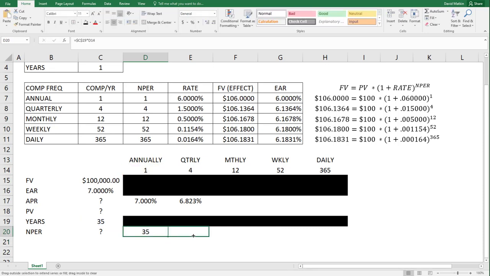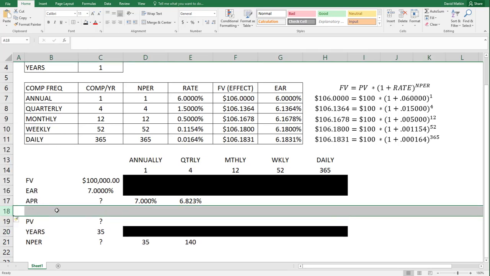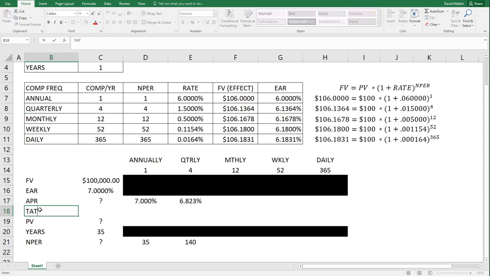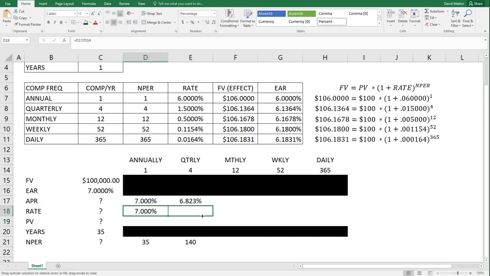And so there are more quarters. So let me insert here, I'll put rate so that we can see this. We don't have the rate for any of these, but we'll take the 7% and divide it by 1, right? And we'll take this 6.823 and divide it by 4.